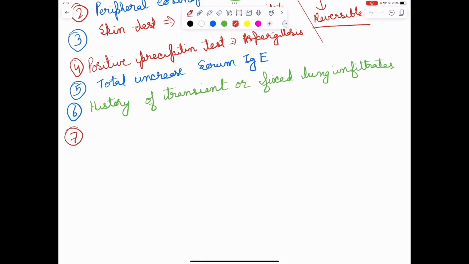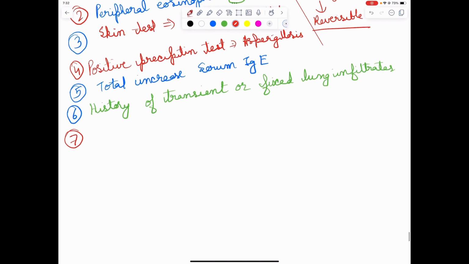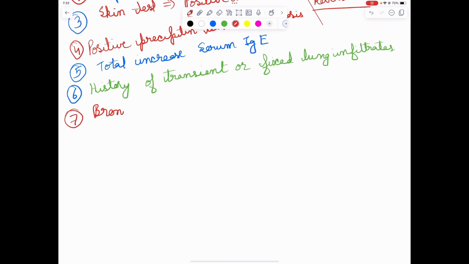There was bronchial obstruction, but with time bacteria will grow in the bronchus and there will be bronchiectasis. So basically proximal bronchiectasis is what we will see.